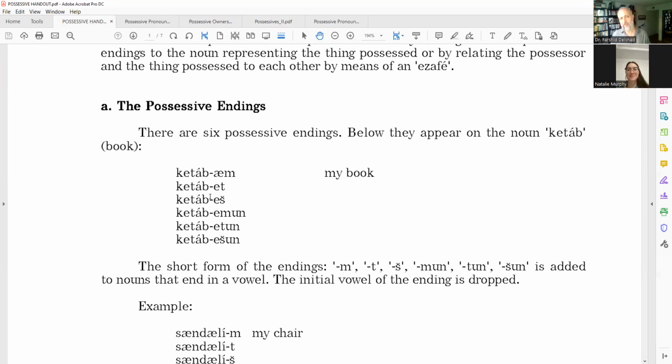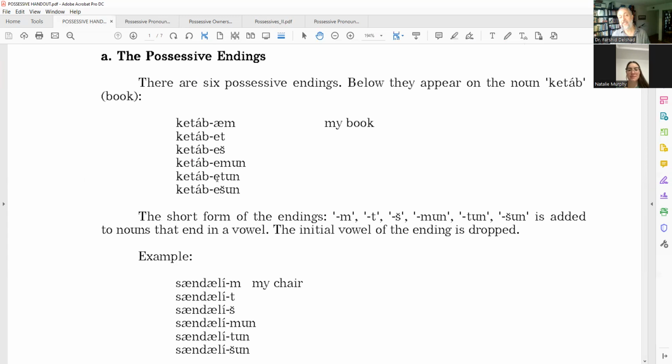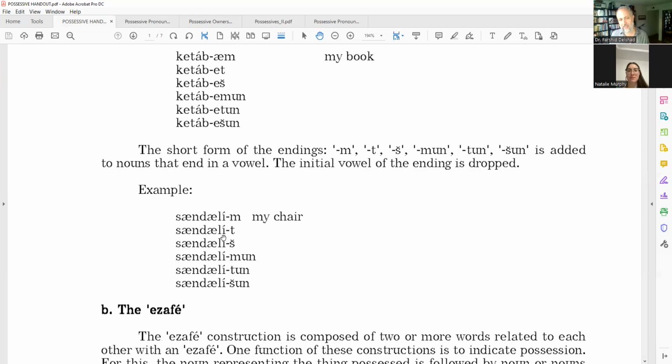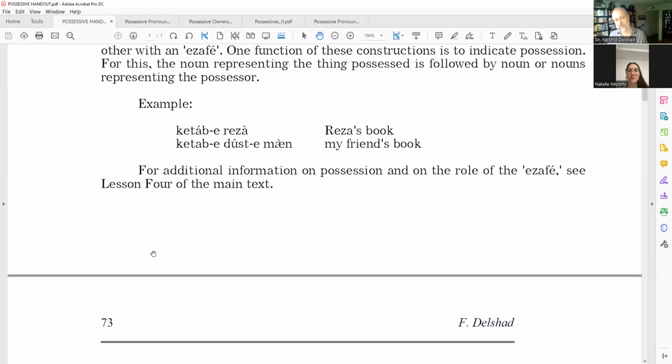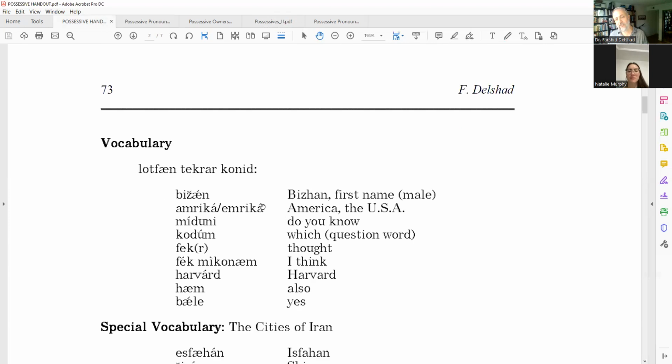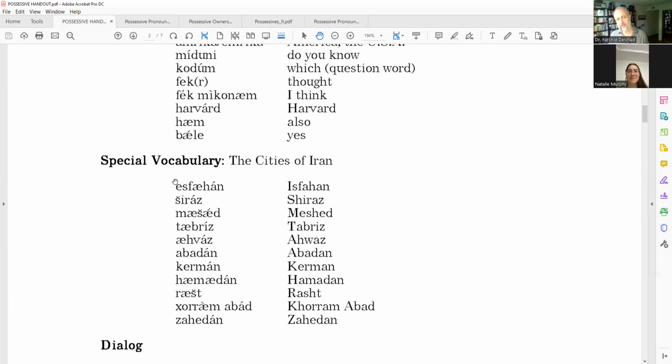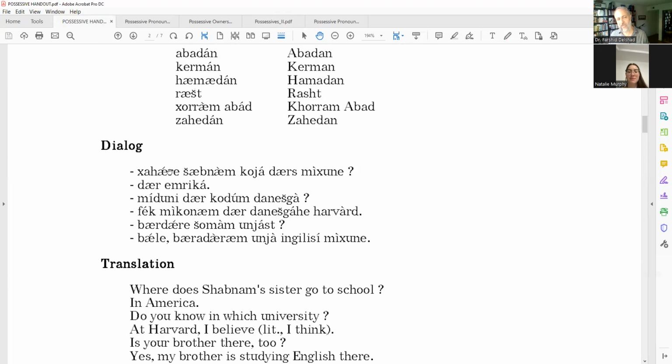So ketabam, ketabet, ketabish, and that is just concentrating on colloquial Persian, not on written Persian. See that? Sandaliyam, sandaliyat, and it explains what izafe is. It gives you some vocabulary that you have to learn, and then you have a small dialogue.